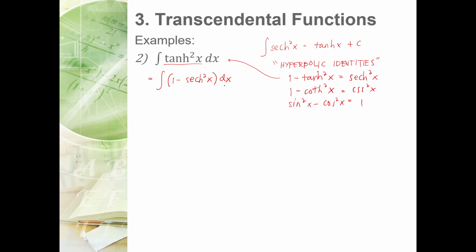Notice that we can integrate now because hyperbolic secant squared x is a formula. So we have x minus hyperbolic tangent x plus c. So this is the answer.